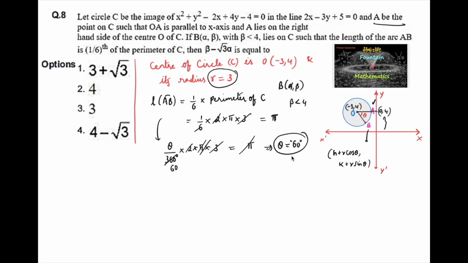So let us consider theta is in negative direction because it is in anti-clockwise direction. So it is clockwise, so minus 60.